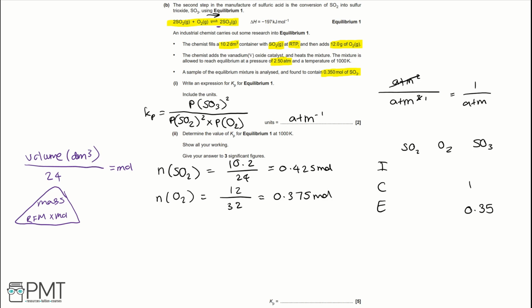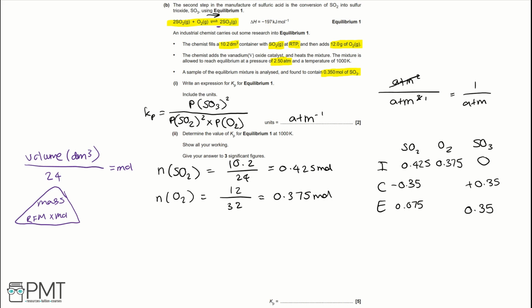So that means we've got a change of plus 0.35, and initially there would be 0. Initially we have 0.425 moles of SO2 and 0.375 moles of O2. And then we're going to minus 0.35 from SO2 and get 0.075.